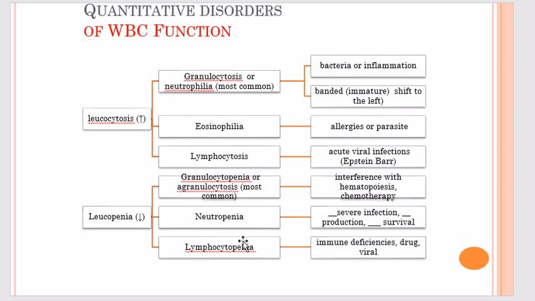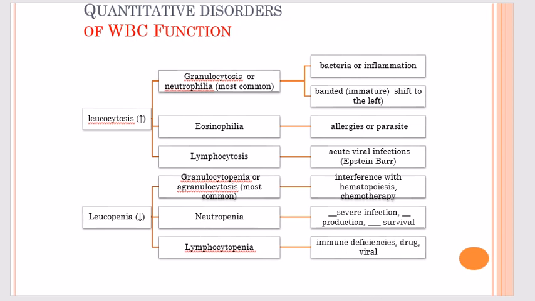Neutropenia can be caused by a prolonged severe infection, which ends up causing a reduction in neutrophil production, which can then actually lead to a decreased survival rate of the affected person because their ability to fight off infections has been reduced substantially. And we've learned so much so far in both normal anatomy and altered physiology the importance of neutrophil function within our body.